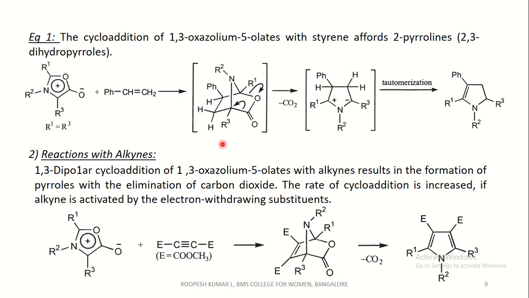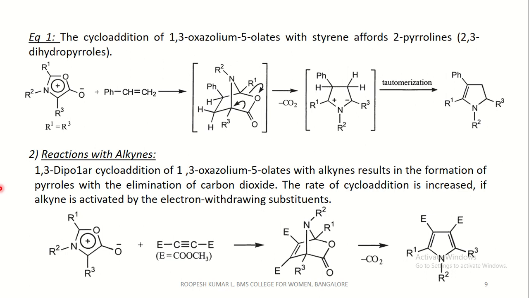Hence we get this. On heating, this loses carbon dioxide with the formation of a 1,3-dipole, and this negative charge abstracts a proton here, and this shifts here to form a double bond and neutralizes the positive charge, that is a tautomerization. We get 2,3-dihydropyrroles.